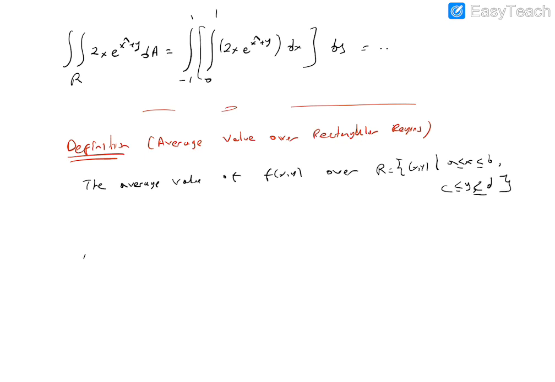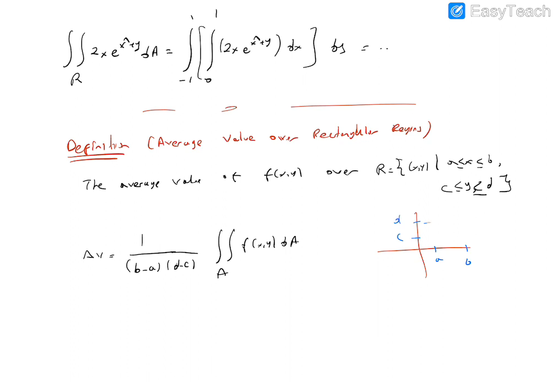Okay, so the average value equals, the integral gives us the summation, so we should divide by the area of this region. So what is the area of this region? B minus A times D minus C. Okay. So times the double integral of f of xy dA on the region R. Actually here our region is from A to B, from C to D. So this is our rectangular region.